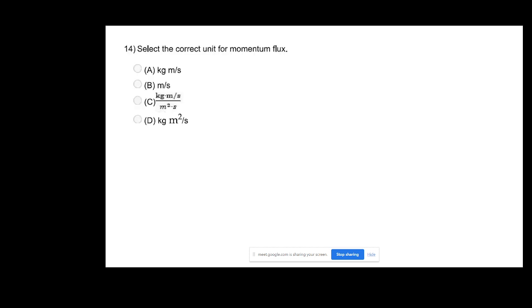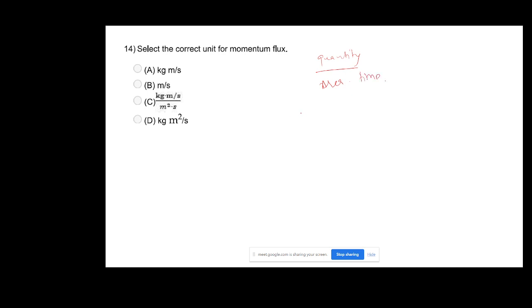Next question is, what is the correct unit for momentum flux? So any flux is represented by the quantity per unit area per unit time.